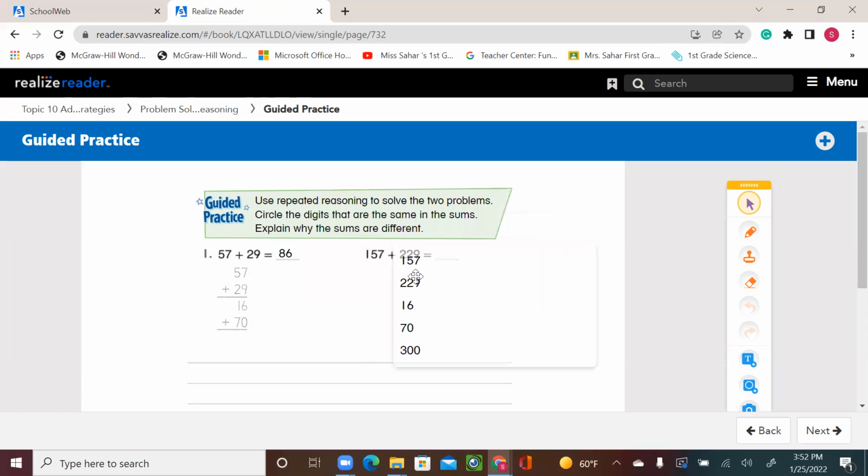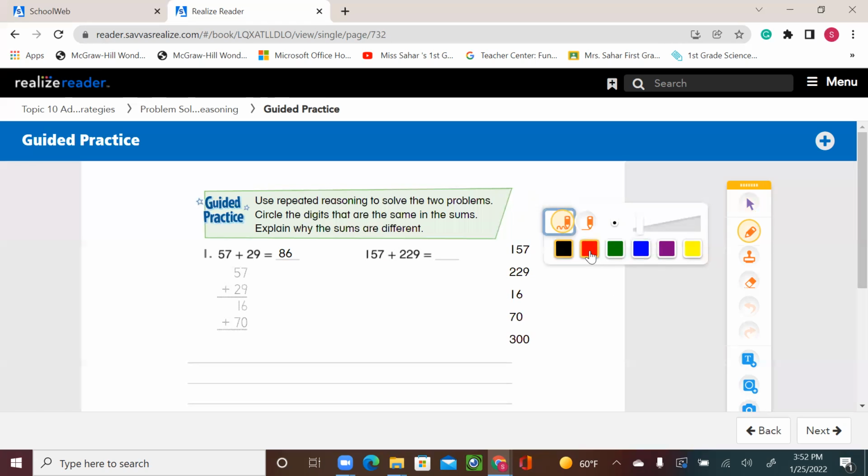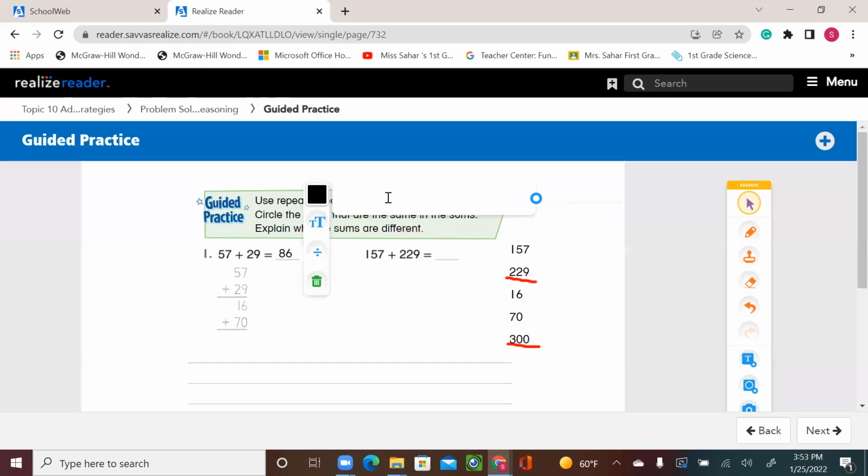Okay, so let's put this here. So this is the beginning. And this is what we add. And now we need to put the total. So 6, 1 and 7, 8, and then 3. So it's going to be 386. Let's write this down here.